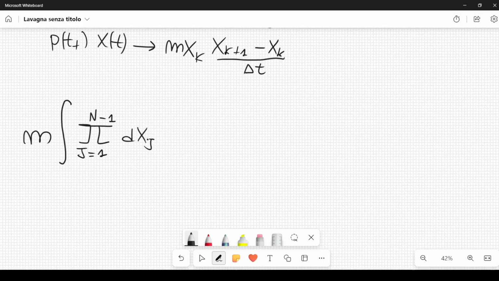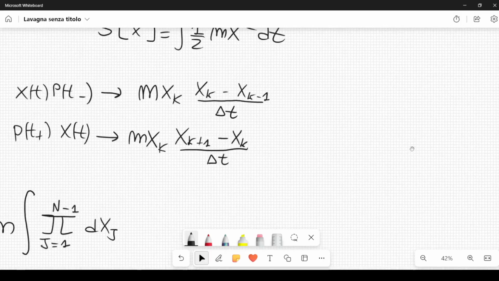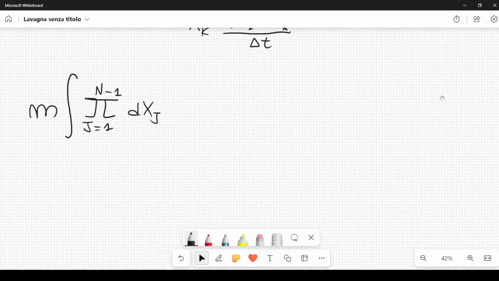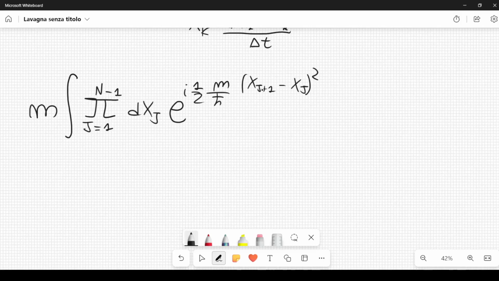And then, since we are discretizing these quantities, we can also rewrite the exponential with the action. We can rewrite it like this: e to the i, 1/2 m over h bar, and then we have x_{j+1} minus x_j squared divided by delta t squared, and we also have to multiply by delta t here, and we are going to put this inside the product.